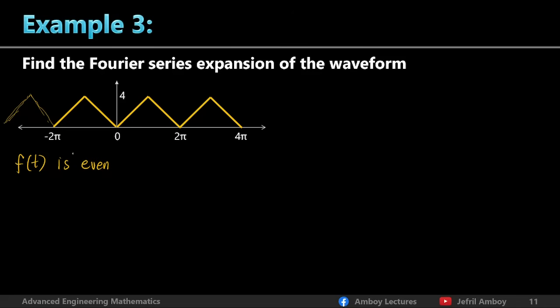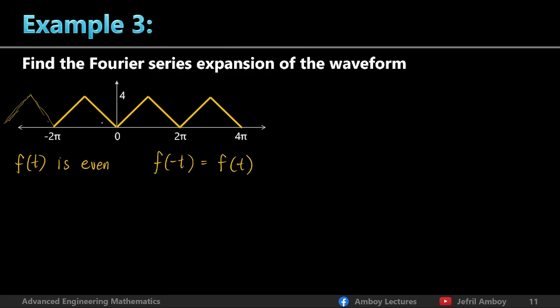Okay? Now, what is our mathematical representation of an even function? An even function satisfies this equation. F of negative t is equal to f of t. Ano ang ibig sabihin nito? This only means that the graph on the left side, because this t is negative. So negative t is the negative side of the graph.